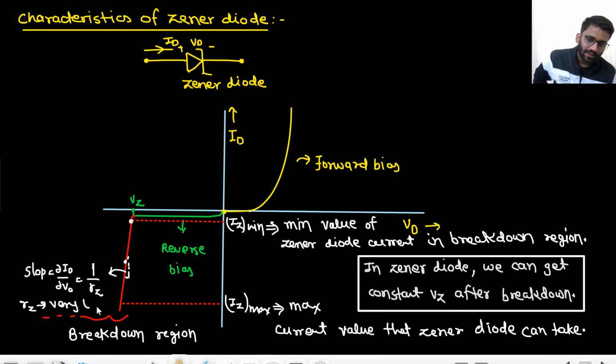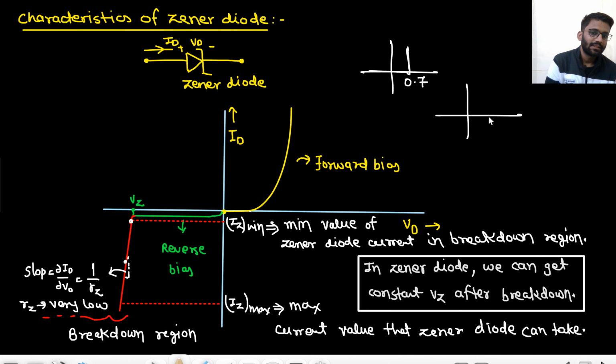It will try to give a nearly constant voltage, but there can be some small resistance. Like we have studied now these models for diode. In one you get a completely constant voltage, that was 0.7 volt. But in the other there was some resistance as well, right? It was not 0.7 volt constant.